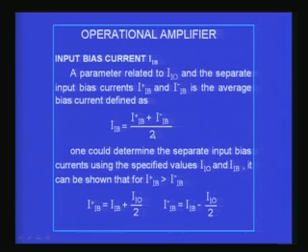So from this equation you can obtain IIB plus is nothing but IIB plus IIO by 2. If you know the input offset current and the input bias current, you can calculate the input bias current through the plus terminal and the input current through the minus terminal. The input current through the minus terminal is again IIB minus IIO by 2.